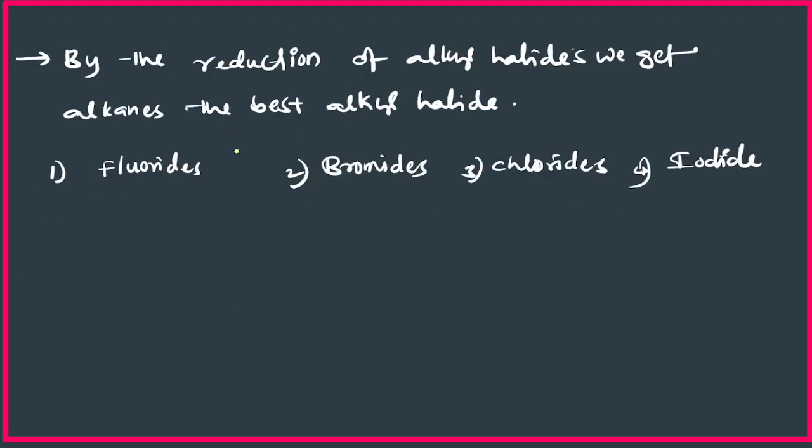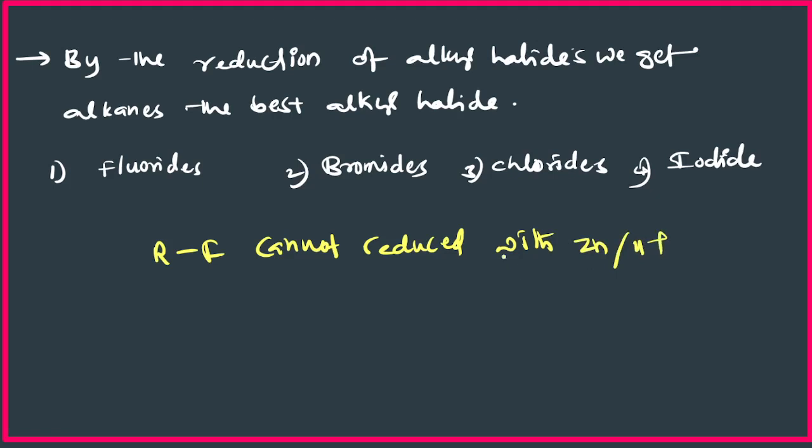I will look at the next question. By the reduction of alkyl halide, we get alkanes. What is the best alkyl halide: fluoride, bromide, chloride or iodide? Generally, alkyl fluoride cannot be reduced with HCl.